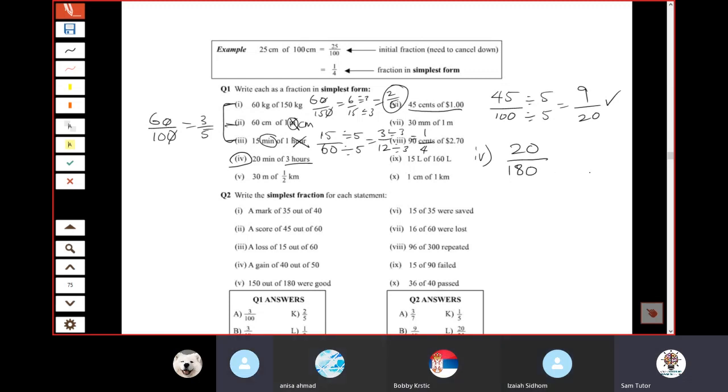So it'll be 180. And then what can I do with the zeros? Cross them out. And then you're left with 2 over 18. And then divide them both by? What number goes into both 2 and 18? Obviously 2. The answer we're looking for is 1 over 9.